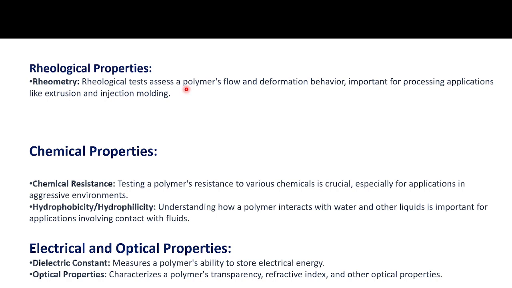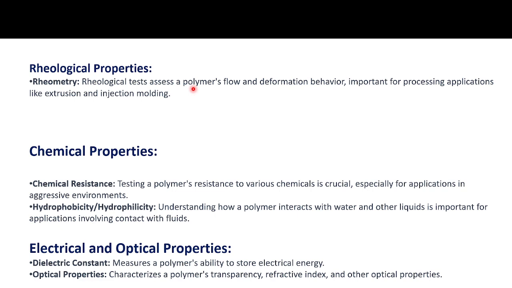Because when we have made the polymer, it has become viscous. If you are making any application of this material, you have to give some shape to the polymer, so you have to make a melt of this polymer.